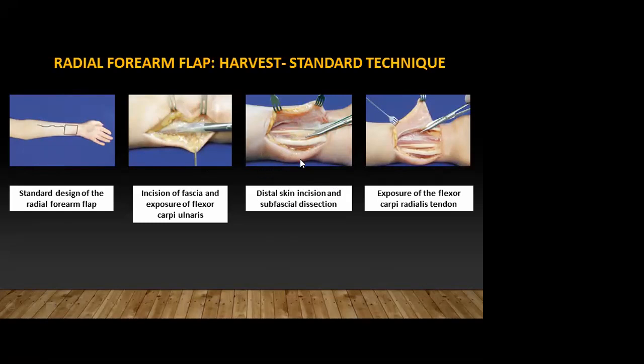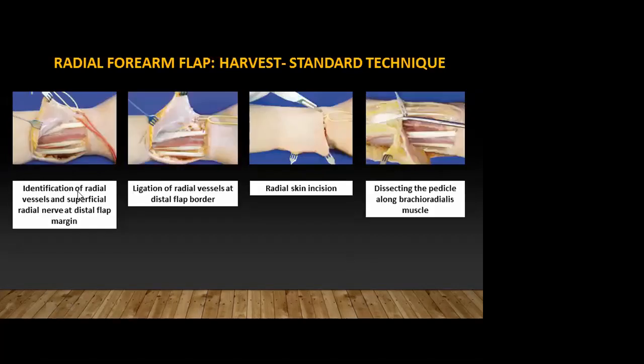We usually do a subfascial dissection. There is a suprafascial dissection too, where we almost preserve the suprafascia. But this is a subfascial dissection which I am telling you. This is a distal skin incision, subfascial dissection, and then we will expose the flexor carpi radialis tendon.